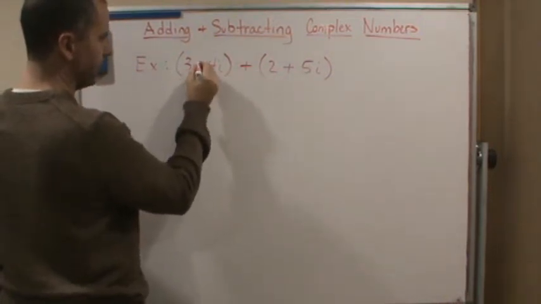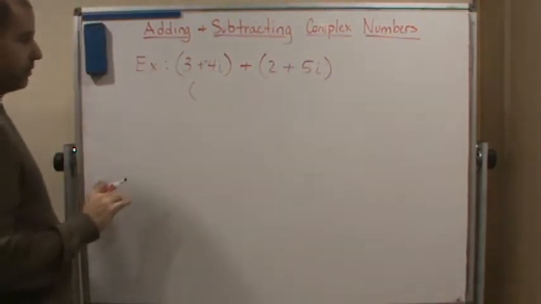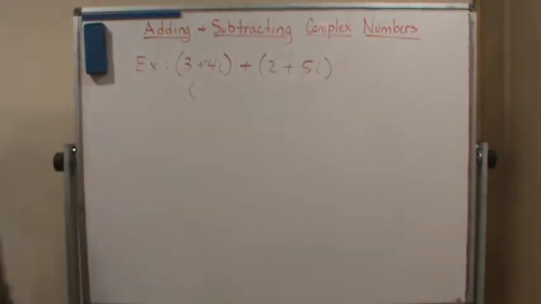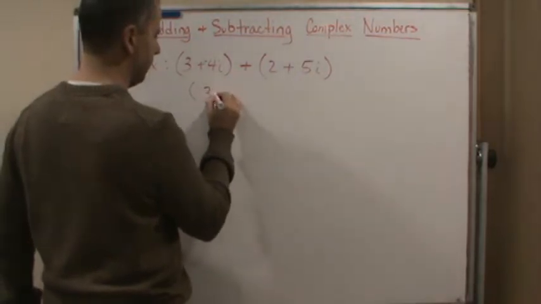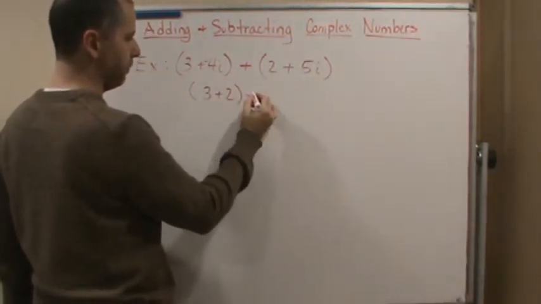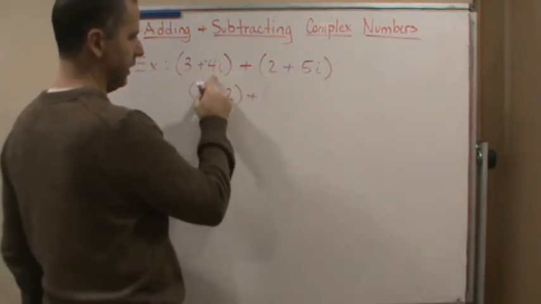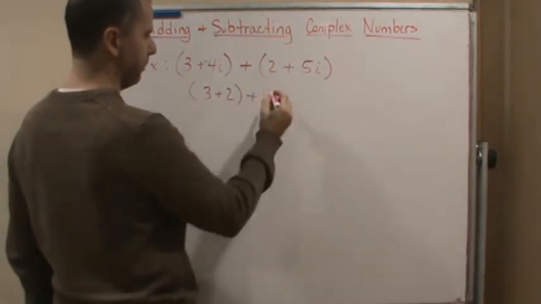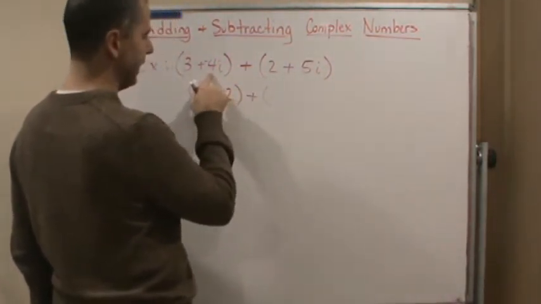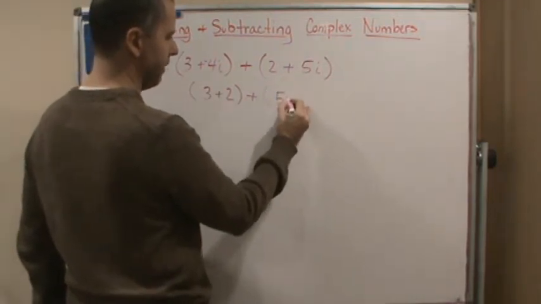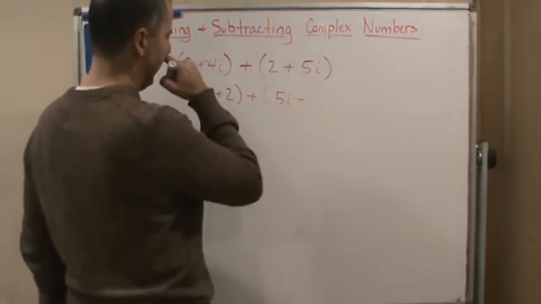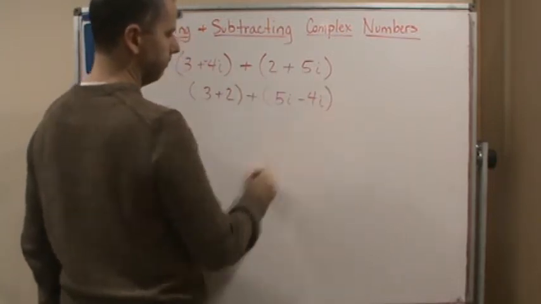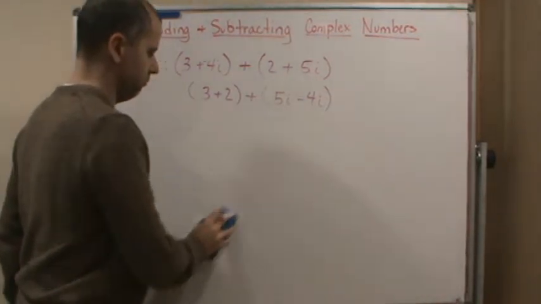I'm going to write this as a plus negative, just so we don't get messed up with signs. We add the real parts, and then we add the imaginary parts. So this is going to be negative 4i. I'm going to switch these around and write this as 5i minus 4i. You don't have to, but I just decided I wanted to.